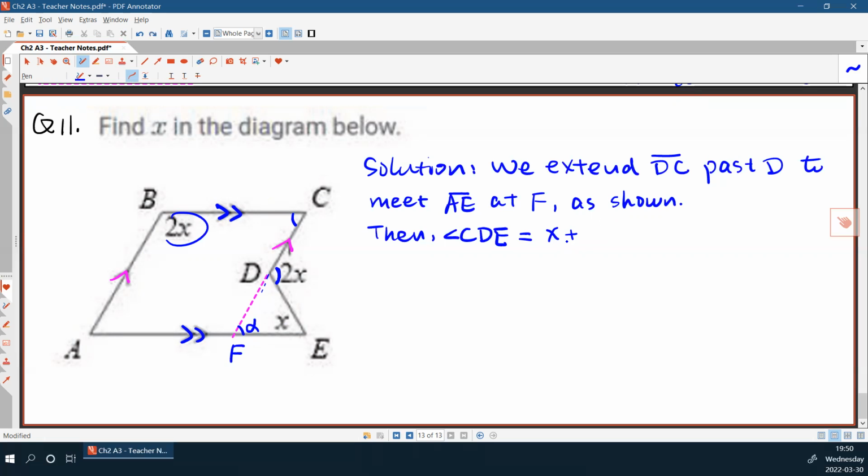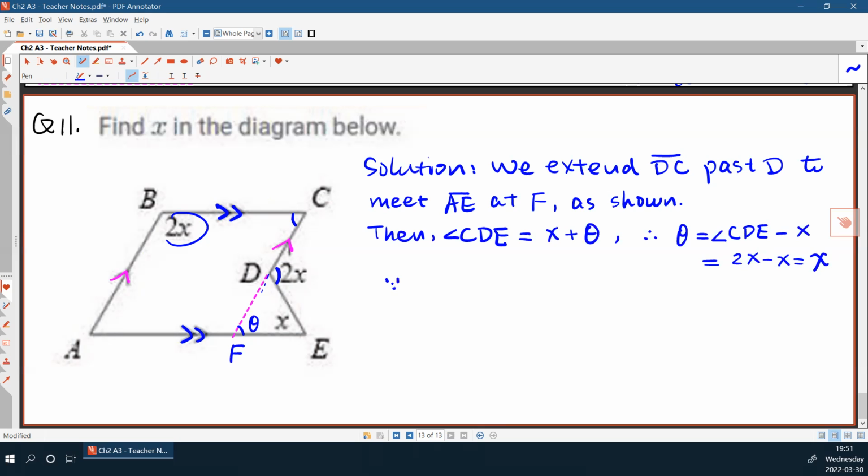Or sometimes, in order not to confuse alpha with x, you can use theta. Let's use theta here. Okay, therefore, theta is angle CDE minus x, which is 2x minus x, which is x, right?